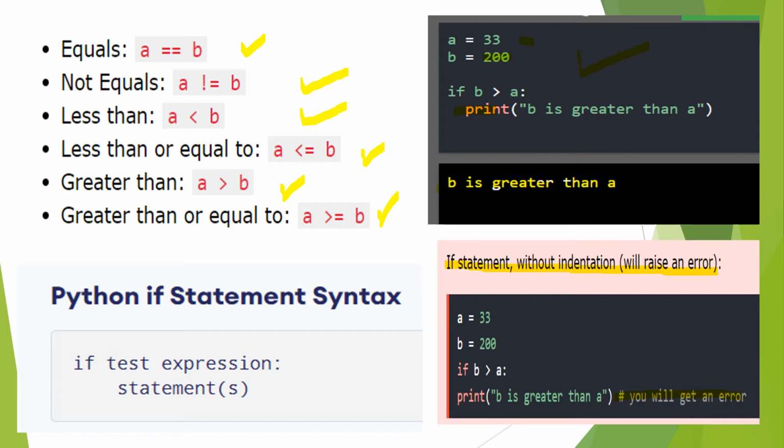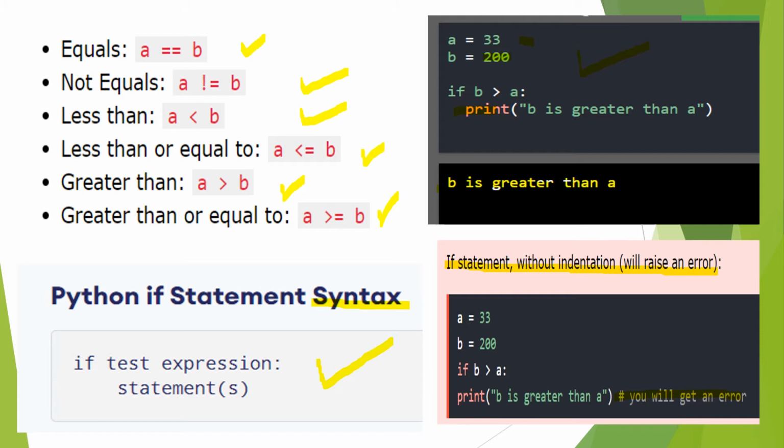Now always remember to avoid syntax errors. Always remember our Python if statement syntax. This one. Here, the program evaluates the test expression and will execute the statement only if the test expression is true.